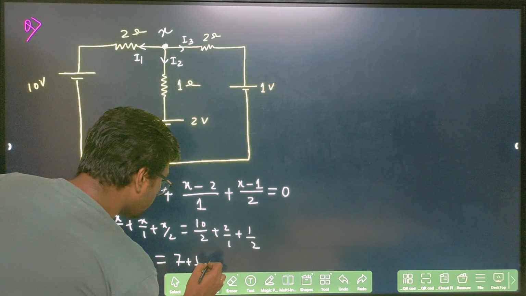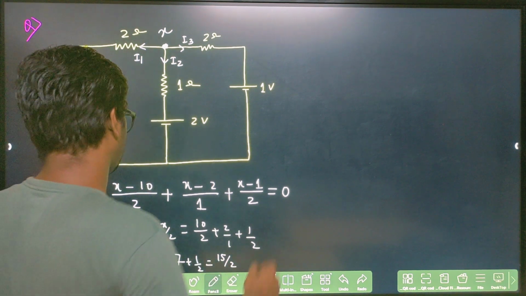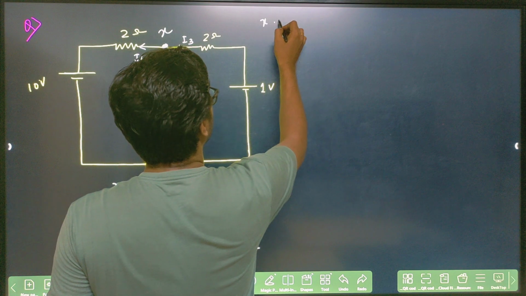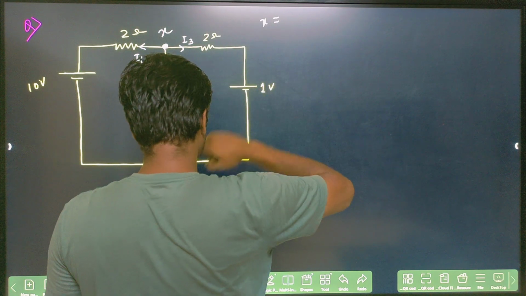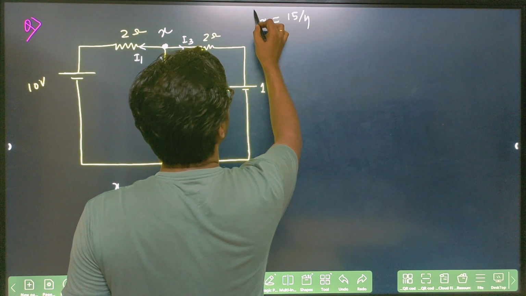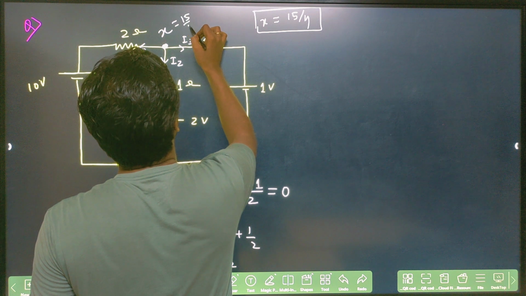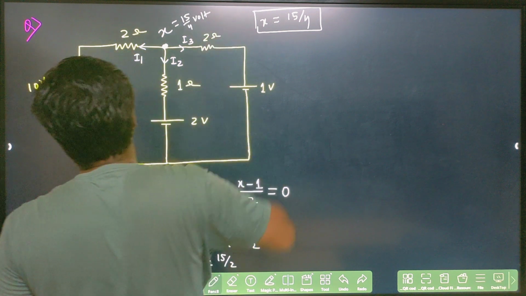If you calculate, this will be 15 by 2. Can you tell how much x is? You will get x equal to 15 divided by 4 volt.